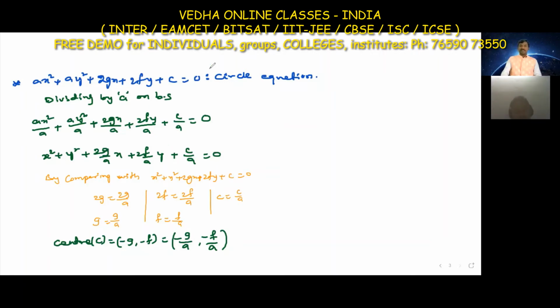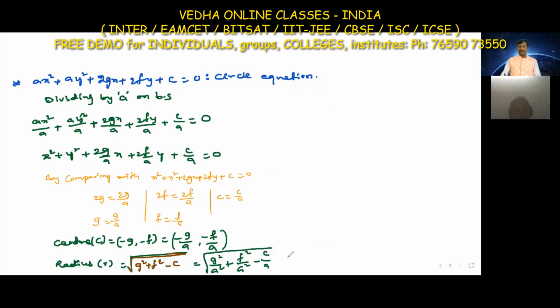And what about the radius? How to find the radius? Radius r is equal to under root of g square plus f square minus c. This is the formula here. Now if we substitute the values in the formula, we get under root of g square by a square plus f square by a square minus c by a.